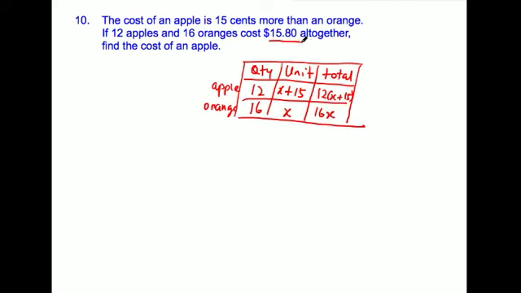And all together, it's cost $15.80, which must be written in cents, since 15 here is in cents. Thus, we have in our equation 12 times x plus 15, which is the cost of apples plus the cost of oranges, gives you the total cost $15.80.